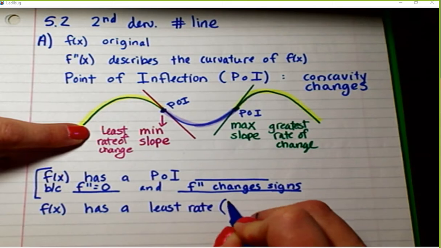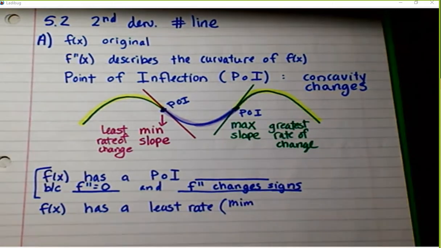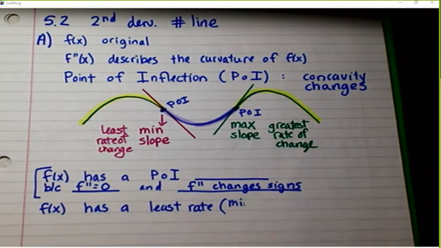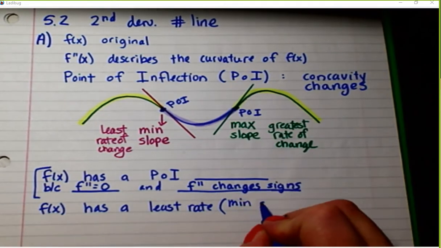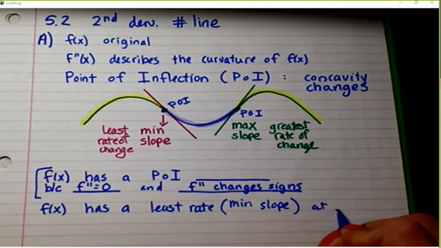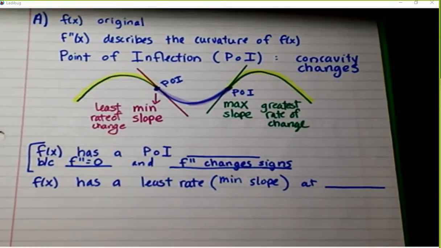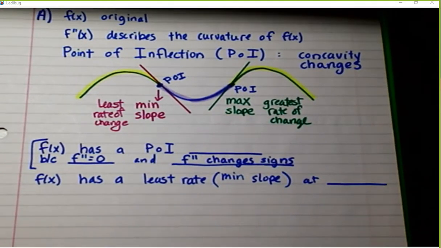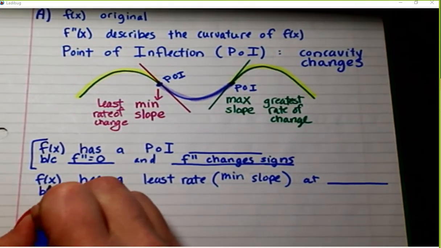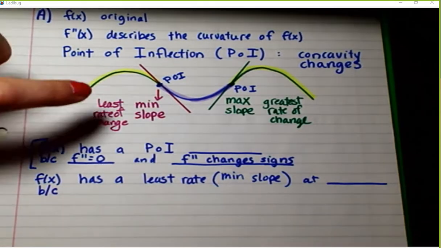Okay, you could say minimum slope at some particular point because what happens to get the pink points?